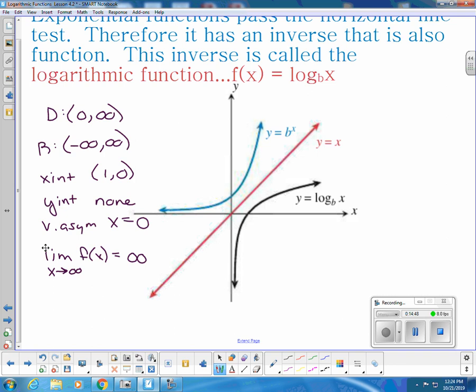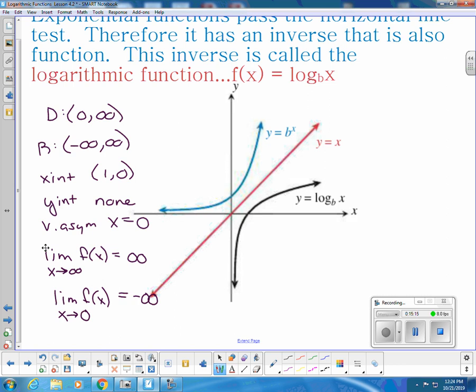Or try to get to infinity, I should say. Now, the left end behavior. Where is the x approaching but never going to hit? 0. So the left side of this graph's end behavior is going to be x going to 0. And what is the y going to? As x is going to 0, the y is going to negative infinity. Remember, it's approaching an asymptote, so it's going to be infinity or negative infinity.